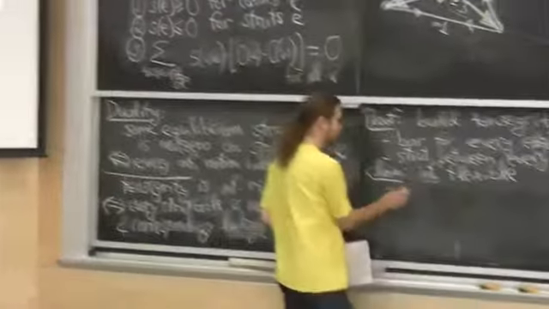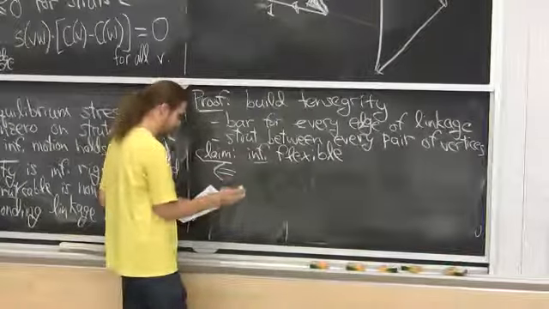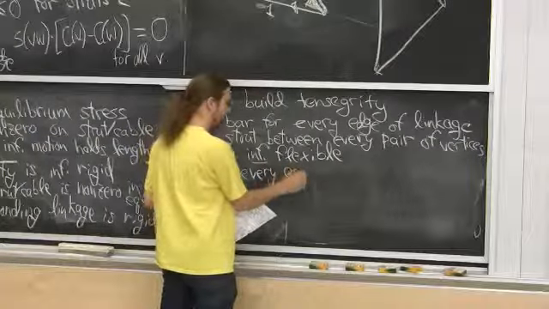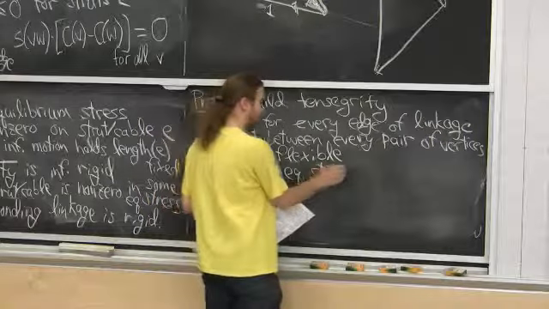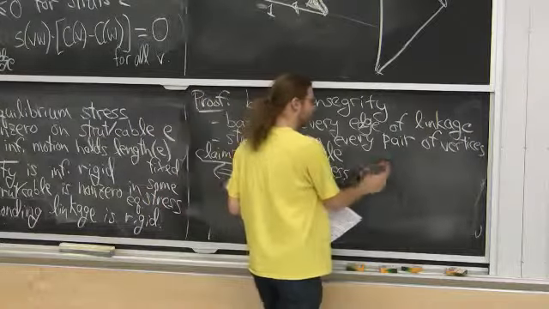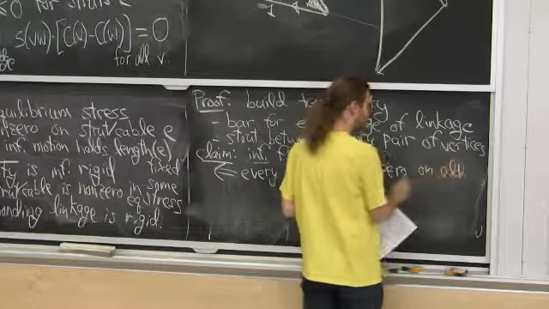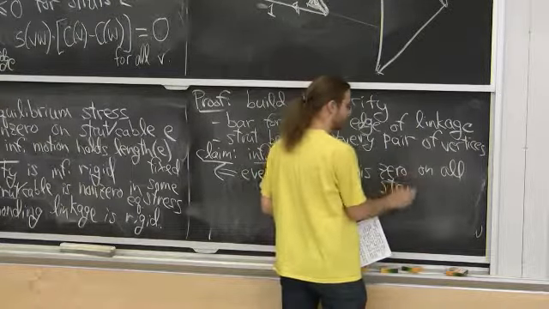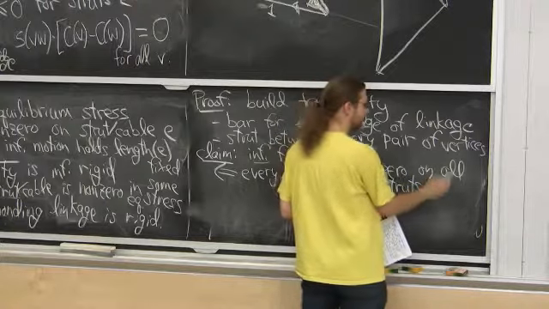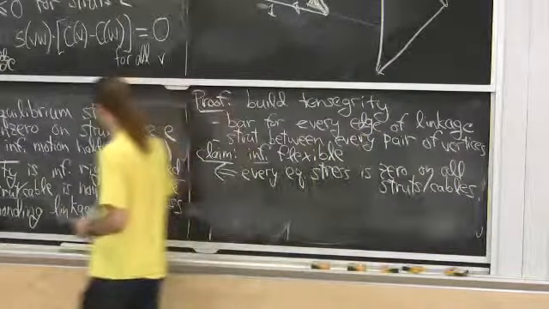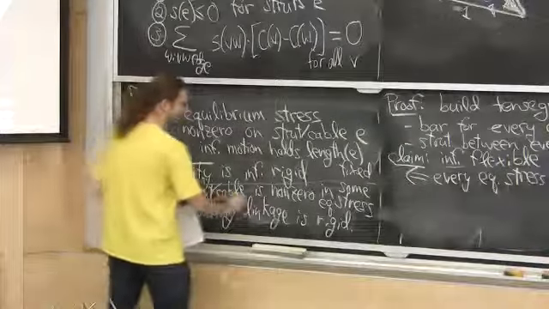So this will be implied by every equilibrium stress is 0 on all struts and cables. So you can never get this thing to hold for any of the struts and the cables.